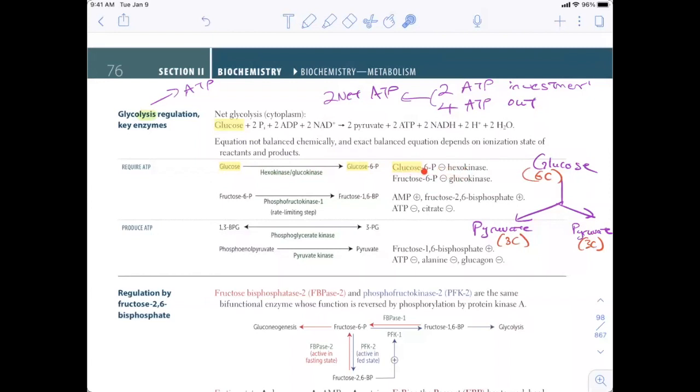So that's why you see your glucose 6-phosphate can inhibit your hexokinase. Okay, your fructose 6-phosphate is an indirect product of this step as well, because after G6P, the next thing is F6P. So F6P has the ability to inhibit glucokinase to say, we have enough of this, don't send more down. It's a negative feedback mechanism, okay?